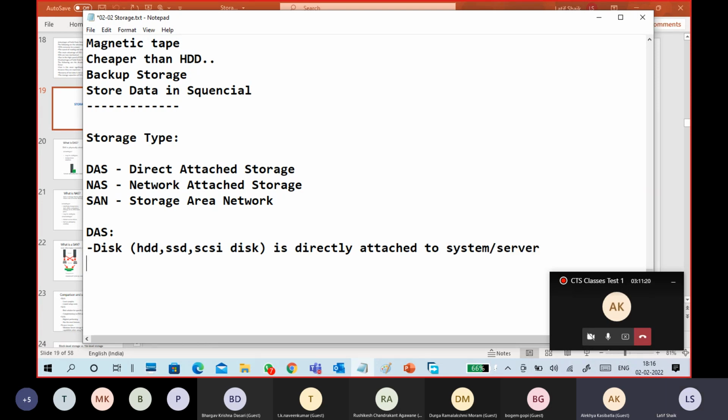Okay, that is DAS. Guys, it is very easy to configure. Nothing is there.